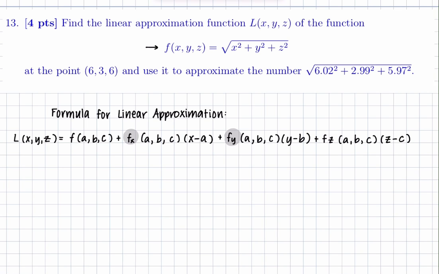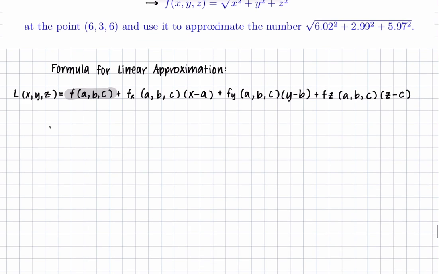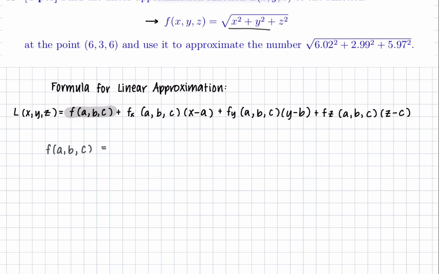So let's get started. The first thing is plugging our point into the function. For f of a, b, c equals this function right over here, I'm going to say f where a is 6, b is 3, and c is also 6.